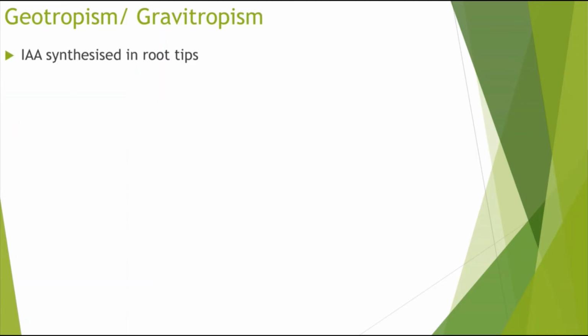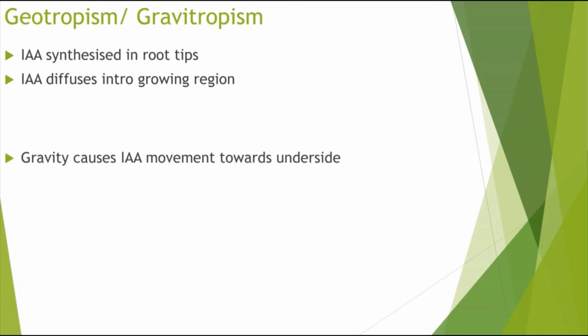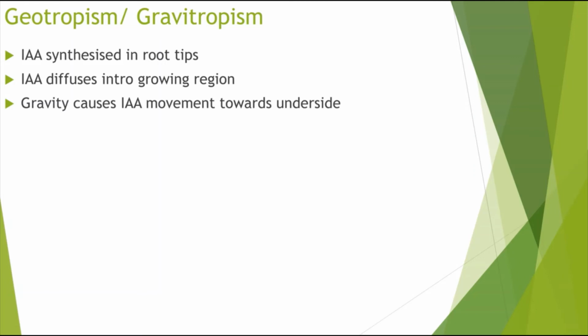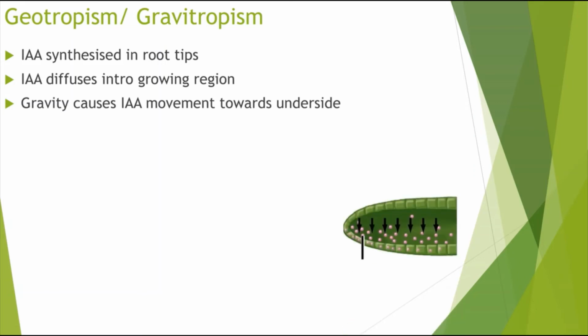Now looking at how geotropism occurs. First we have IAA, which is synthesized in the root tips this time. It's not the shoot tips, we're talking about the root tips here. The IAA diffuses into the growing region, and gravity causes the IAA to move towards the underside.